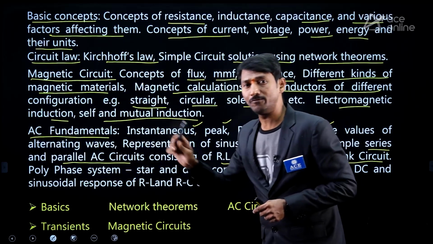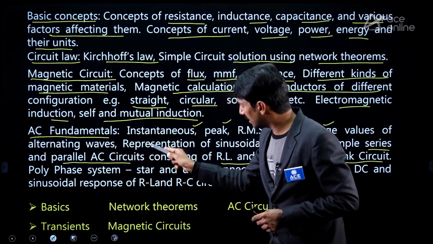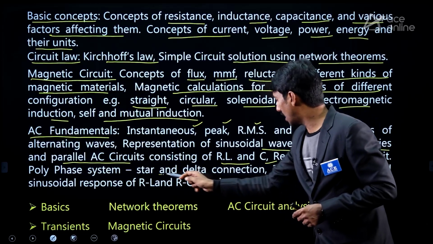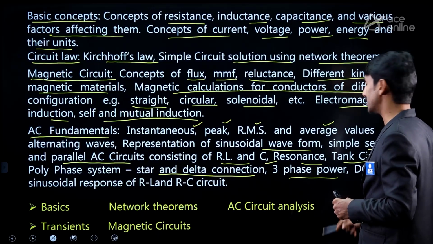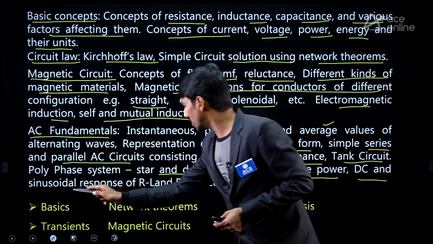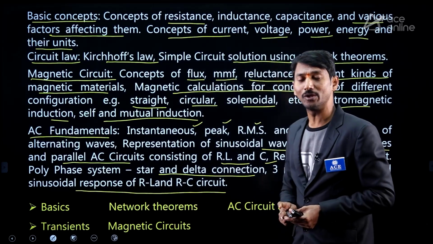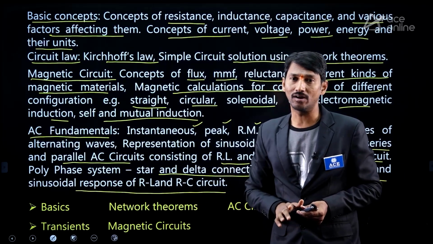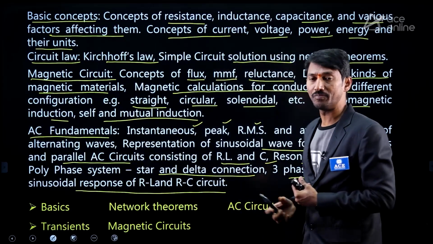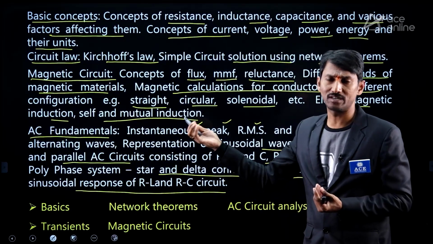After that, polyphase system, star and delta connection, three-phase power, measurement and all. DC and sinusoidal response of RL and RC circuits, meaning transient related concepts they are asking. So this is the entire syllabus given in the circuit subject.